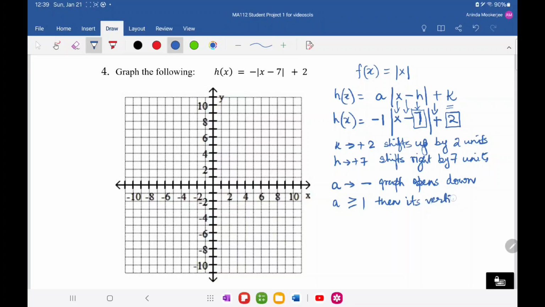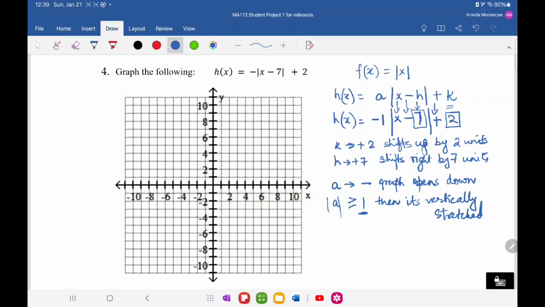It's vertically stretched. However, let me write this and explain. If a is 1, as it is in this case, or the absolute value of a is 1, then it's the same as the base graph as far as vertical stretching is concerned.